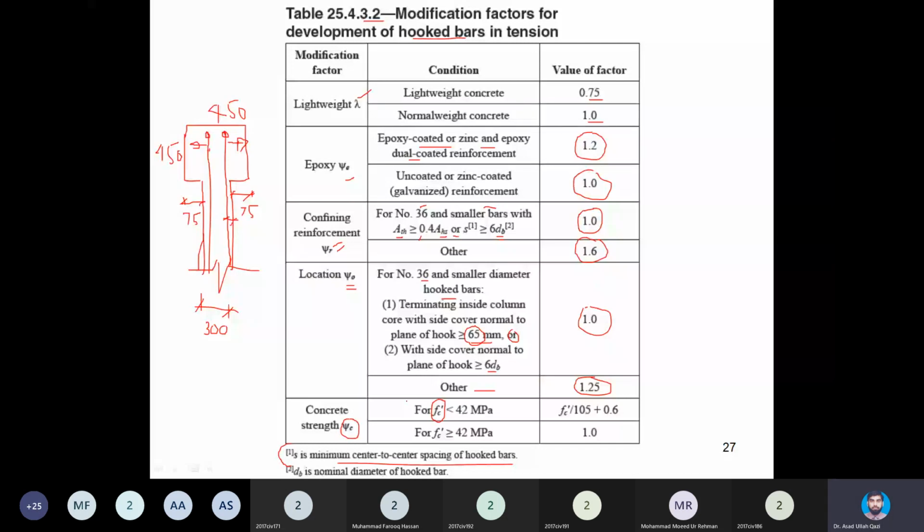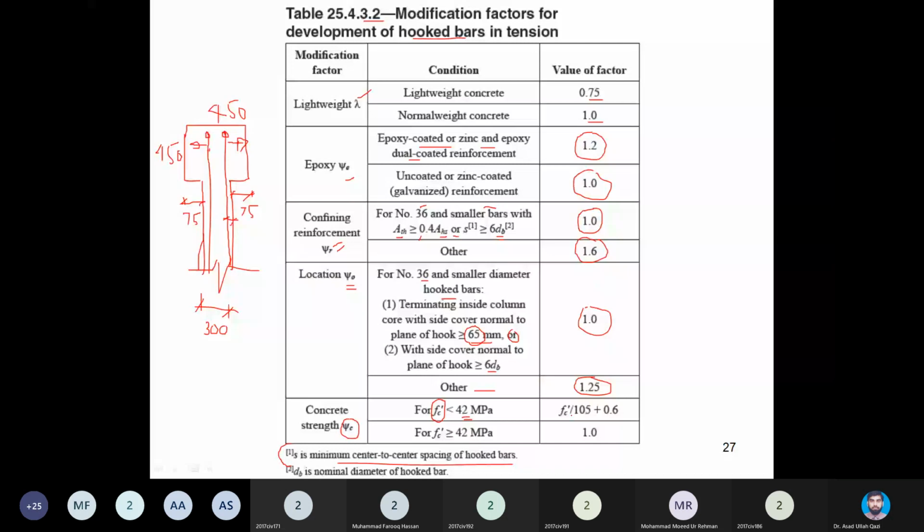And in the commentary, I could not find the justification of this concrete strength factor. Although I tried to search the literature, at the moment I'm a little unconvinced, because what they are discussing here is that if the concrete grade is less than 42, the factor is FC prime over 1.5 plus 0.6.